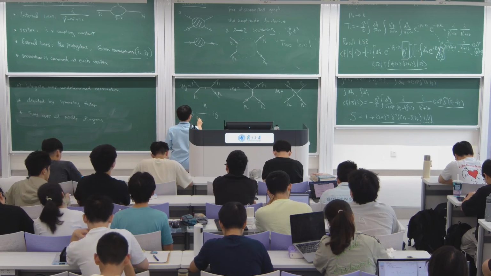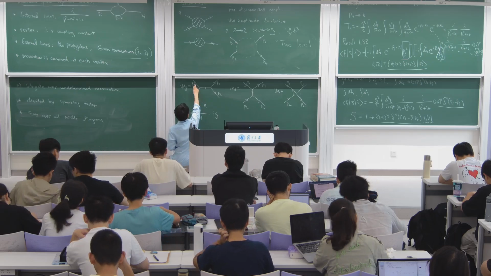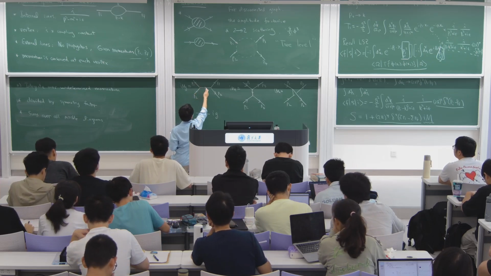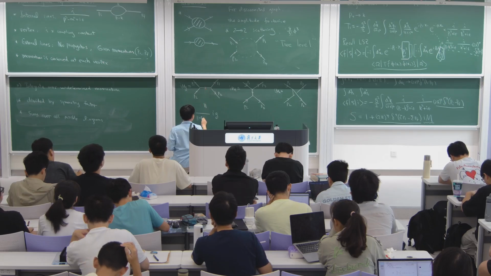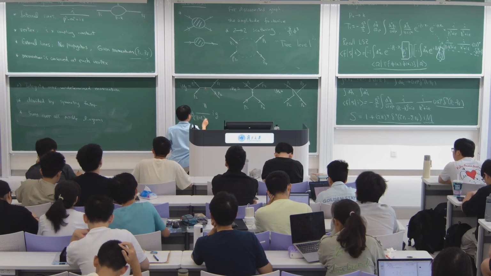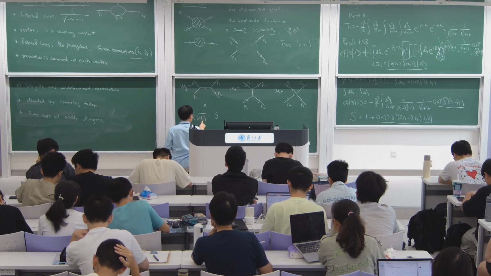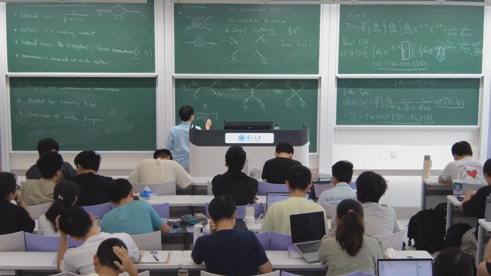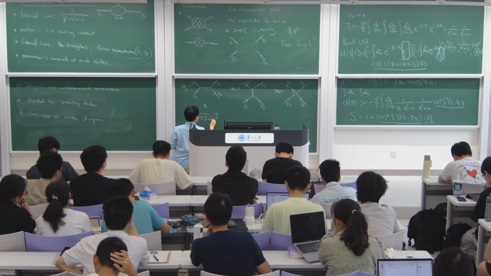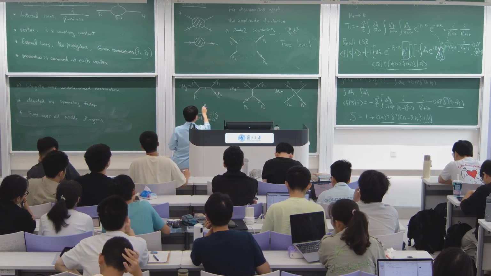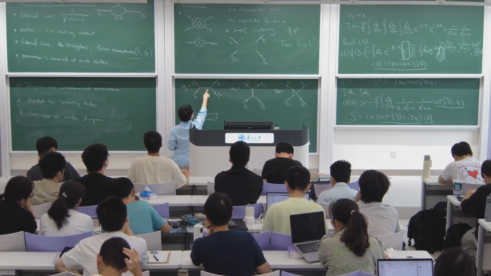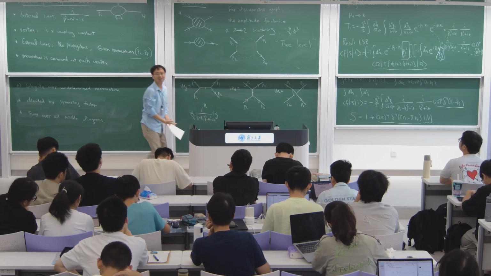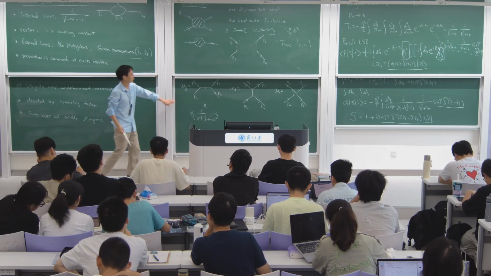Let me write this momentum with P. For momentum conservation, there are two incoming, P1 and P2, so this momentum has to be P1 plus P2. For this internal line momentum, I have to assign a propagator with i epsilon. There's only a single internal line, so there's a single propagator inserted here.